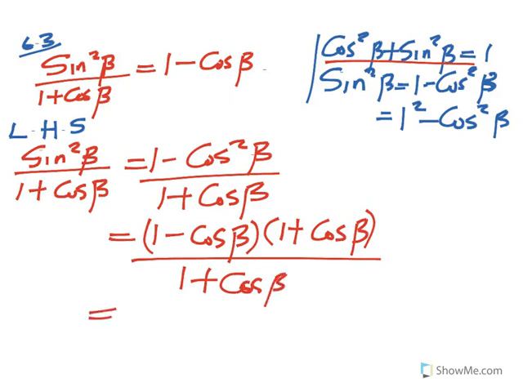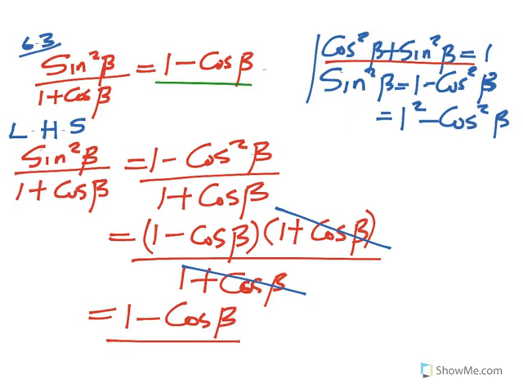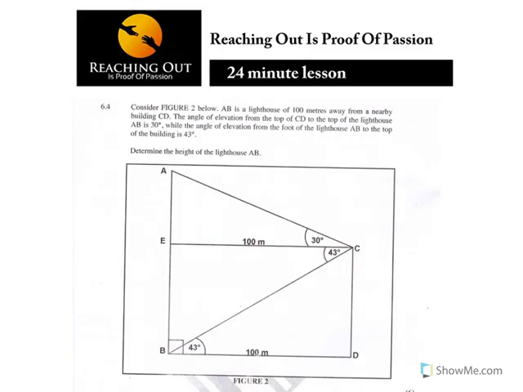As you can see now, some things are similar here, which is 1 plus cos beta and 1 plus cos beta, which leaves 1 minus cos beta. Now what is 1 minus cos beta? We are back to our right hand side. So we have proven that sine squared beta over 1 plus cos beta is equal to 1 minus cos beta. So that is what they wanted as a proof.